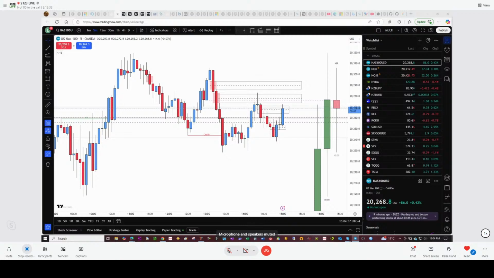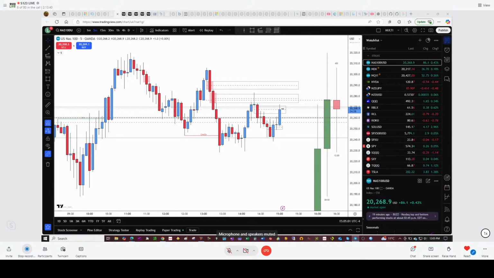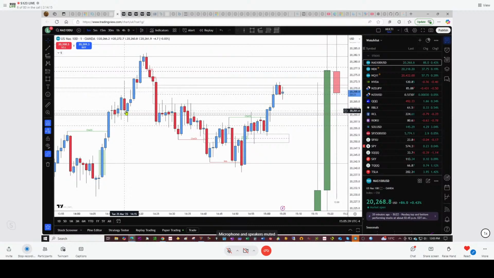I should just take a chance and try this. See if it'll bite. Because that retrace that we've had now looks like it's about 60%. Come on, bite it. Cool. Missed it by 25 cents.